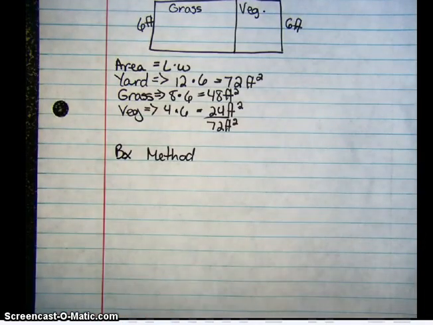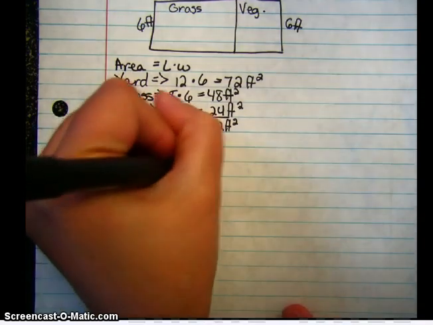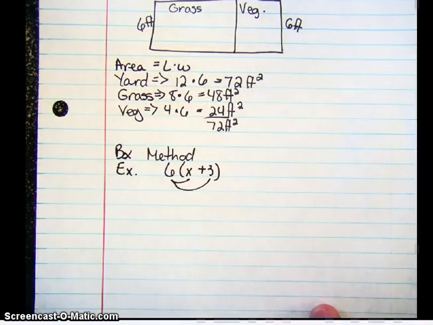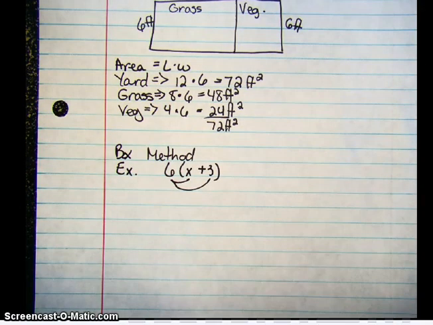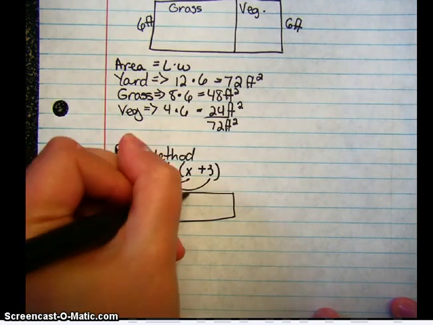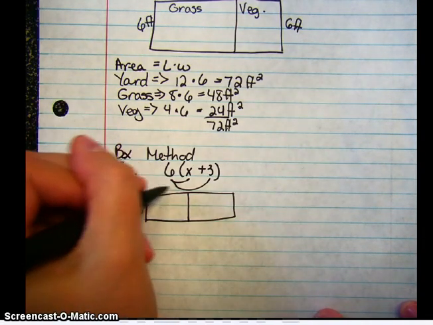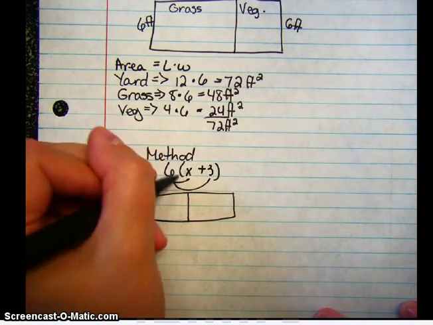With the box method, instead of taking 6 times the quantity x plus 3 and doing this little loopy thing, we are going to use a box to separate things and find the area. So I'm going to draw myself another rectangular box here. And the width I'm going to put is 6. Now this area is kind of like the grass. That's x.